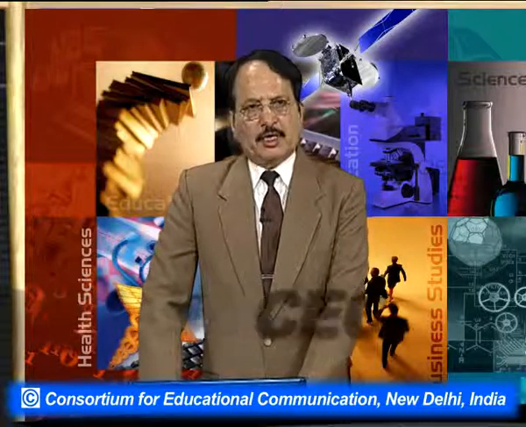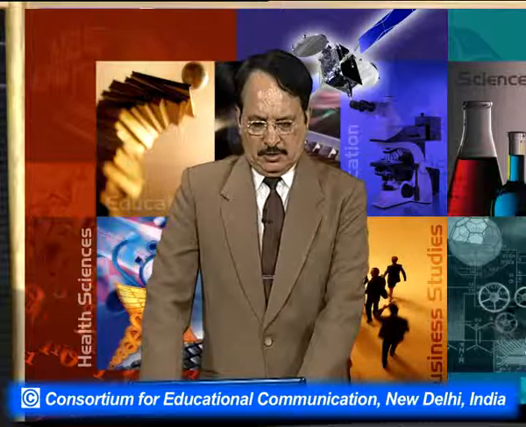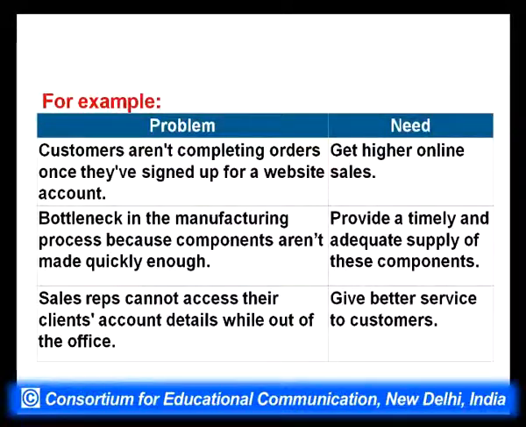So, the problem is there and the need, I have written it here. First problem: customers are not completing orders once they have signed up for a website account. The need is to get higher online sales. That was a need and the problem is this. The problem is a bottleneck in the manufacturing process because components are not made quickly enough.